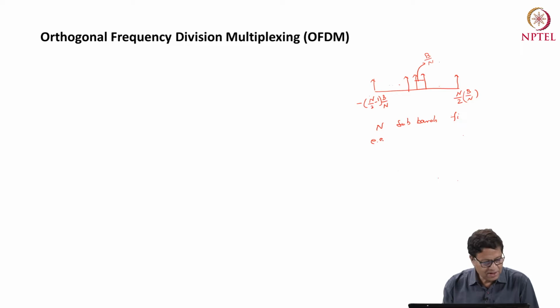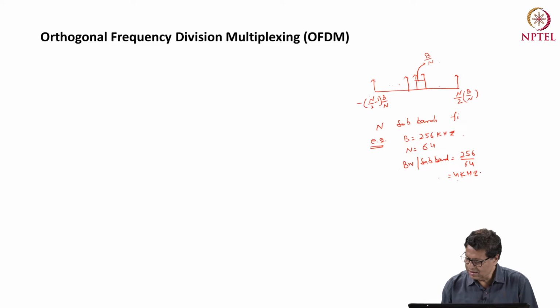So let us take an example. If B is 256 kilohertz and there are N equal to 64 subcarriers or different frequencies, then the bandwidth per subband, B by N, is 256 over 64, which is 4 kilohertz.